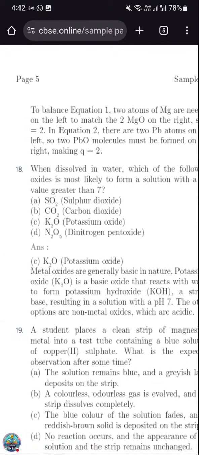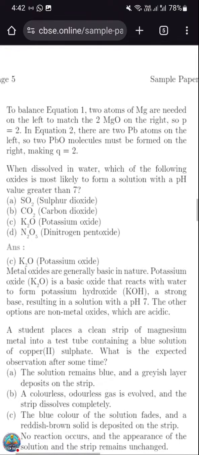Question number 18 was there: when dissolved in water, which of the following oxide is most likely to form solution with pH value greater than 7. pH value greater than 7. So when will we get pH greater than 7? If it is a basic solution. Okay, out of all the options, SO2 acidic oxide, CO2 is acidic oxide, and N2O5 is also acidic oxide.